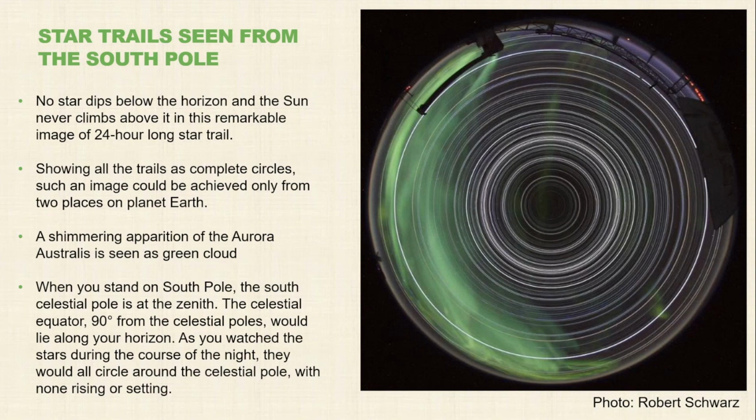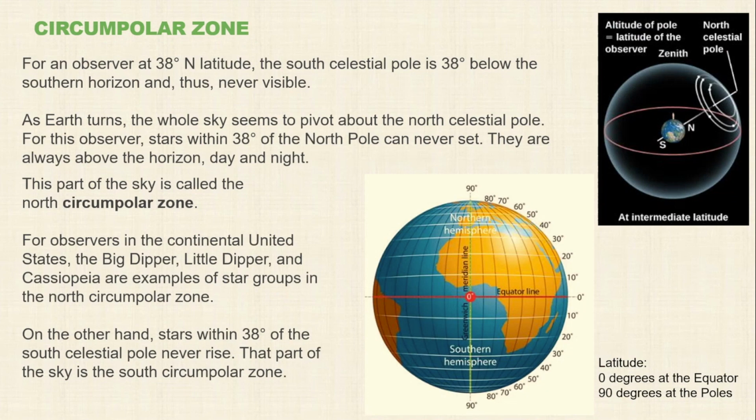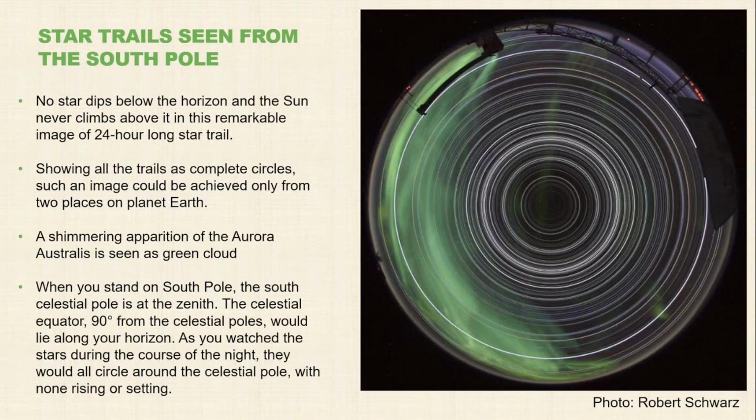If it were at some other latitude on Earth, so this is north. If you are at the equator, we actually see all the stars rise and set from east to west. Okay, but from the North Pole and the South Pole, we don't see them rise and set. We see the whole circle.